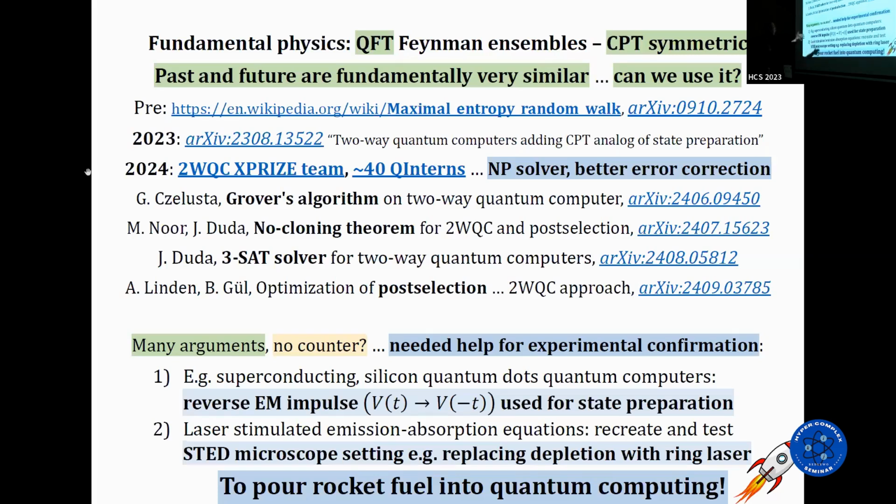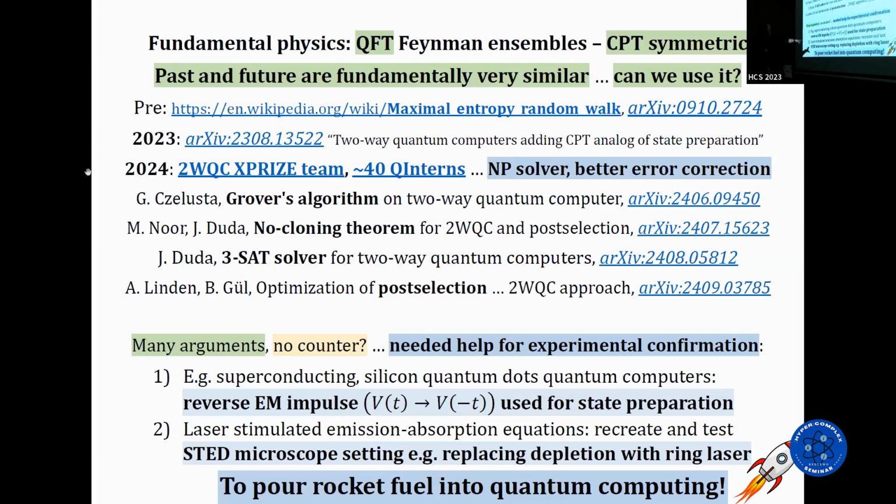There I also talk about some indirect, experimental arguments, but finally the next step will be a direct experiment. So we are searching for a collaboration for the direct one. One direction is taking such a quantum computer, for example superconducting or silicon dots, and trying to literally apply in the controller the opposite, the reverse impulse at the end, and use it as state preparation, but the reverse version.